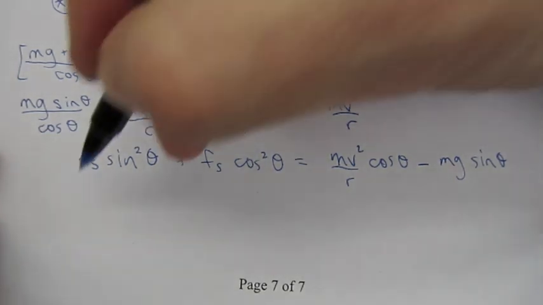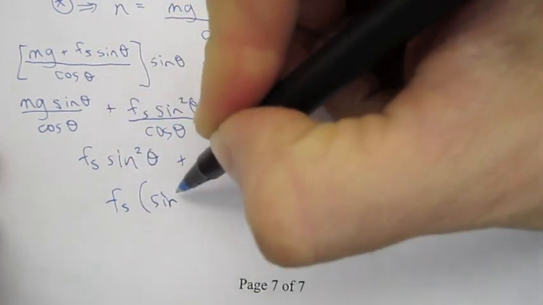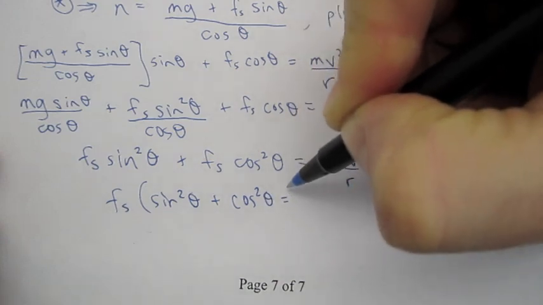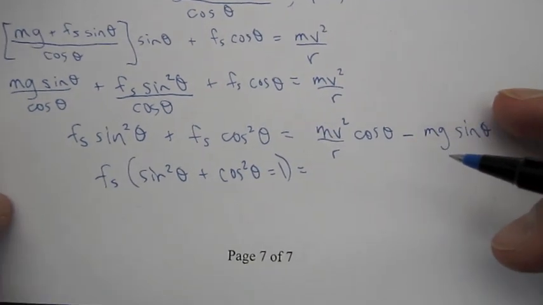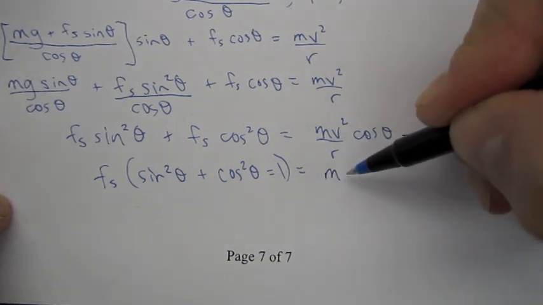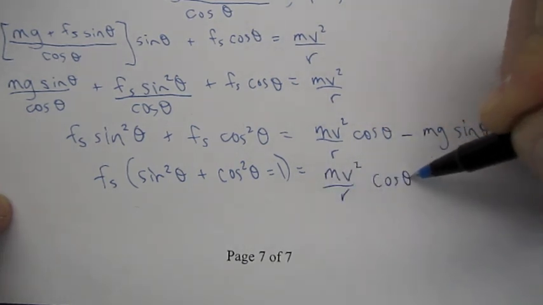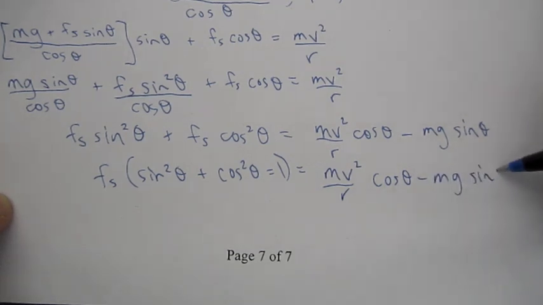And so sine squared plus cos squared equals 1, so f sub s times sine squared theta plus cosine squared theta is equal to 1, so that's f sub s is equal to mv squared over r times cosine theta minus mg sine theta.